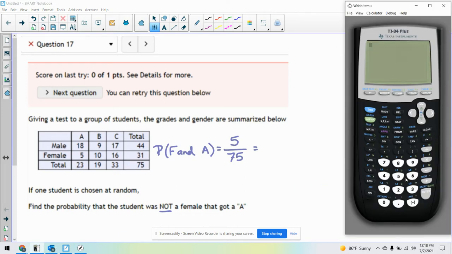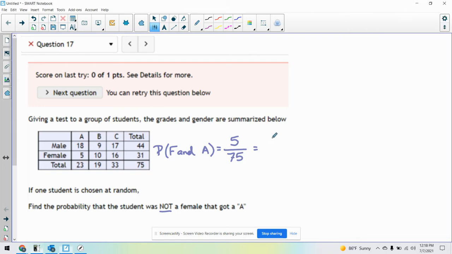You're just going to hit your fraction the way it's written, 5 divided by 75. We're going to hit math and then enter twice. This is the same thing as 1 over 15. Well, that's the probability of finding a female and that person having an A.